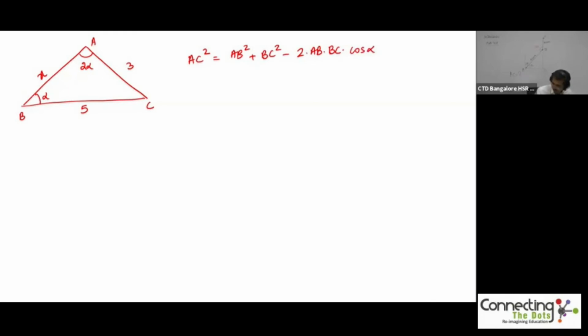Is that right? Now again, this is about making a smart choice. Why did I not write it like this? BC square is equal to AB square plus AC.